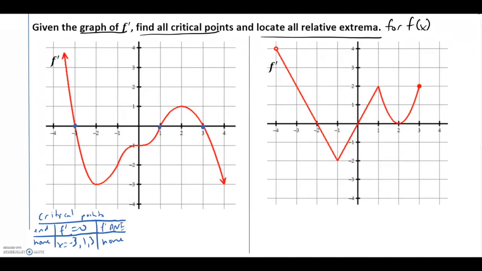And if I want to think about relative extrema on f, I'm going to use this to set up a sign chart. So with -3, 1, and 3 there. And we're going to think about test values just like we did when we had a function. You can use the values I've given, or any values you want to. Because the key thing is when I think of what's happening at, say, -4, notice how at -4, your derivative is going to be positive. It's going to be way positive.